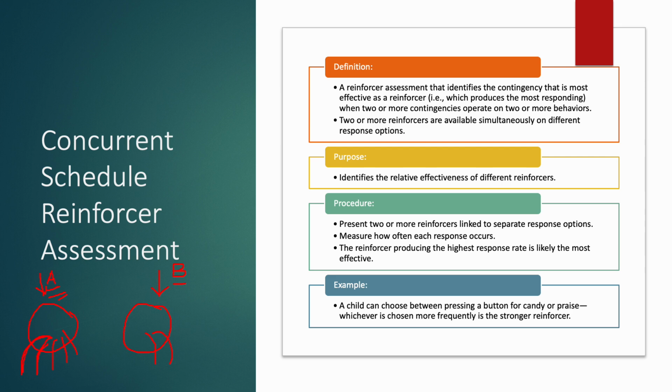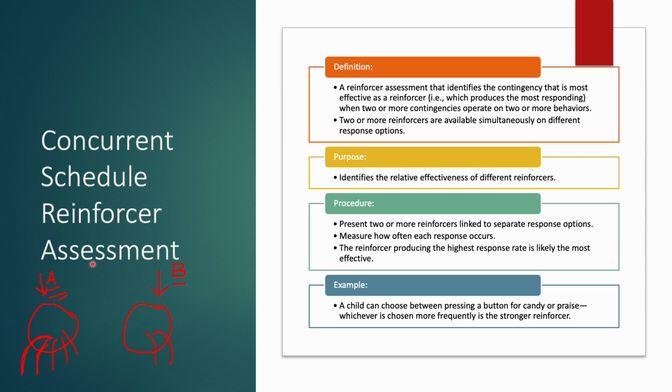And basically, I'm just trying to see how often they are engaging in each of these behaviors, and how often they engage in each of these behaviors is going to give me information about this particular stimulus, whether that stimulus functions as a reinforcer. And I can also look at the relative response rates.